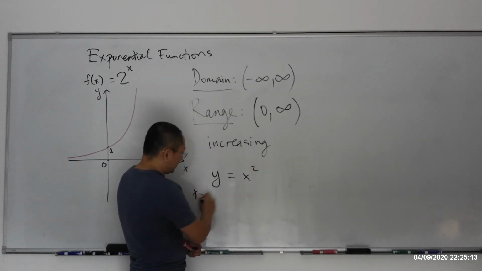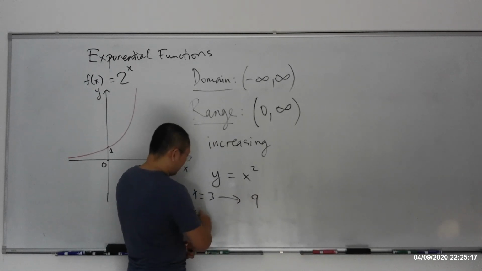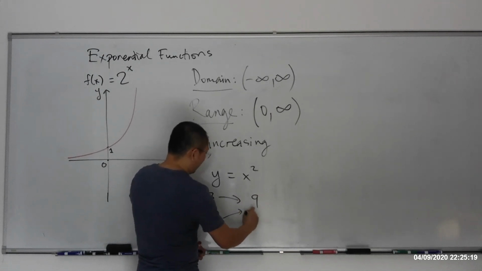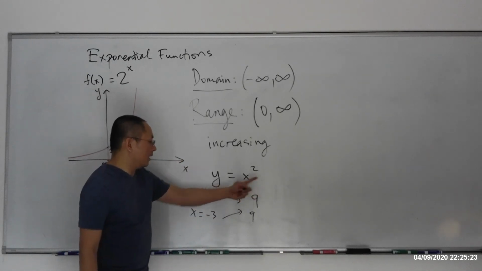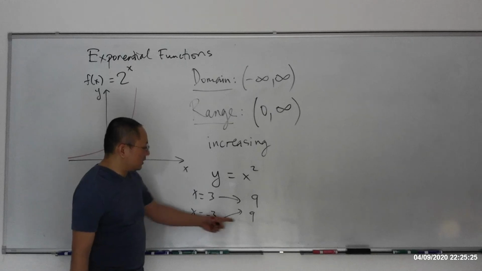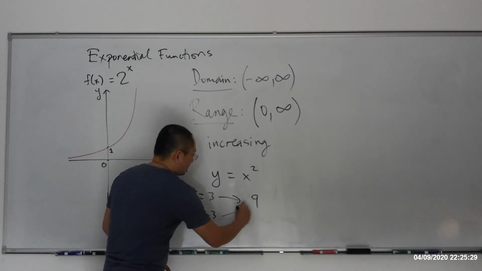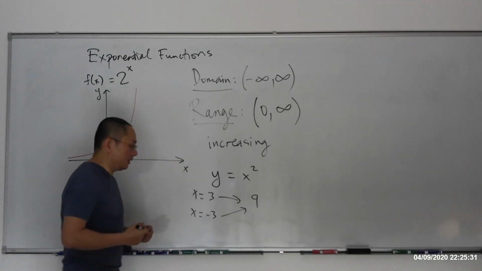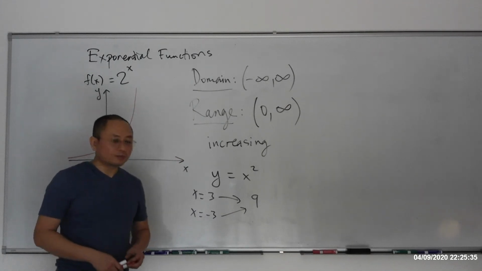You plug in x equal to 3, you get 9 out. You plug in x equal to negative 3, you still get 9 out. This is a function: 3 in, 9 out, never anything other than 9. Negative 3 in, still 9 out. So that was a function, but this function is not one-to-one, because you can have two different inputs give you the same output.